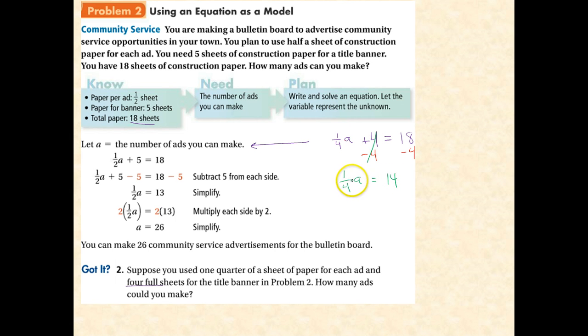And then 1/4 is multiplied by A, so I need to do the opposite of multiplying by 1/4, which is multiplying by the reciprocal of 1/4. So times 4, times 4, and I get A equals 56. So if we make quarter sheet ads, we can get a lot more of them. We can get 56 of them.